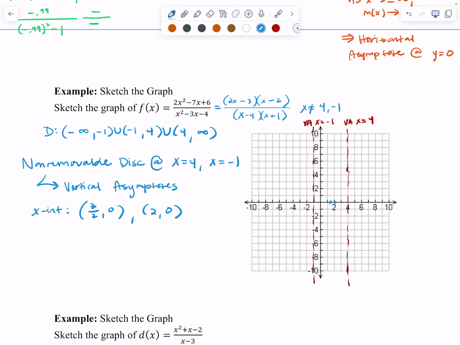And then we know that both of those zeros have a multiplicity of 1, so the graph will just cross straight through at both of those. So my thought is there's going to be either a U-shape this way or a U-shape this way. And we'll have to do some extra thinking to figure that out.